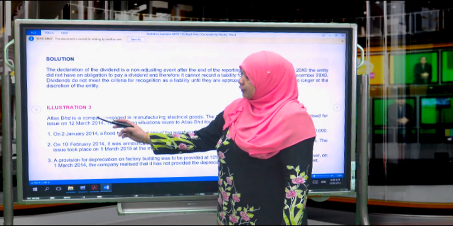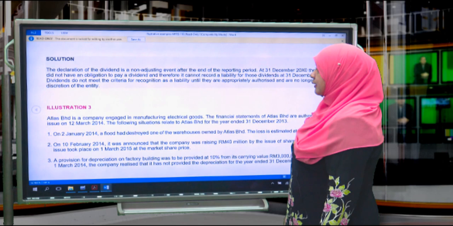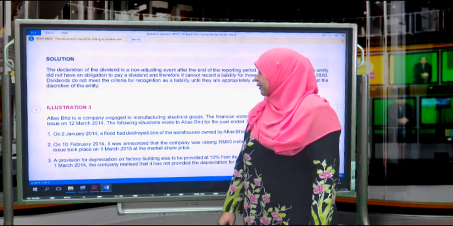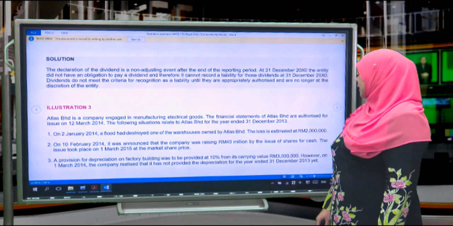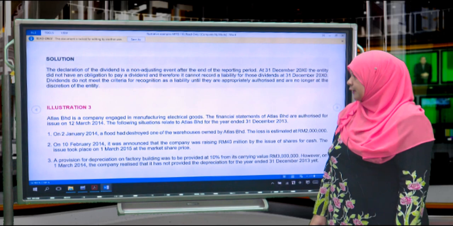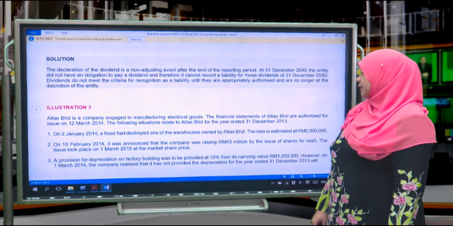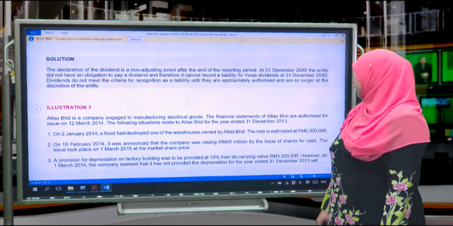Okay. Now if you look at illustration number 3, Atlas Berhad is a company engaged in manufacturing electrical goods. The financial statements of Atlas Berhad are authorized for issue on 12th March 2014. The following situations relate to Atlas Berhad for the year ended 31st December 2013.